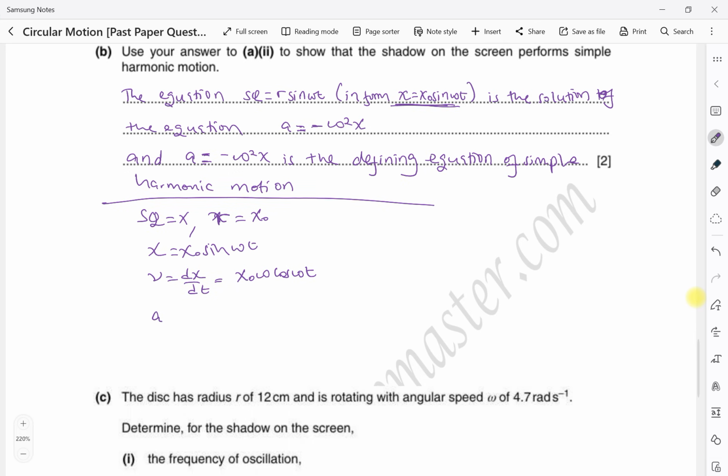To get the acceleration, we differentiate v, so that will be dv by dt. So this will give us x naught omega, then I differentiate cos, it gives me negative sine.